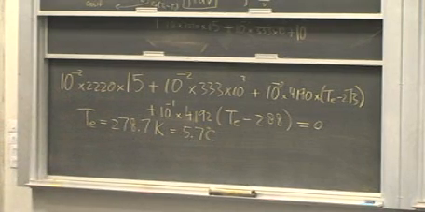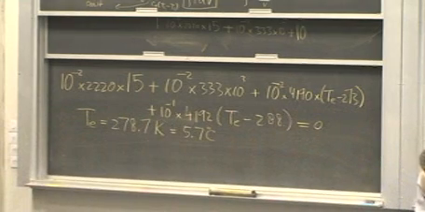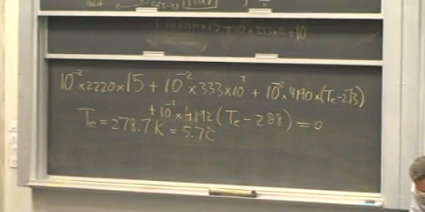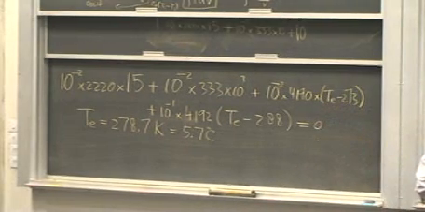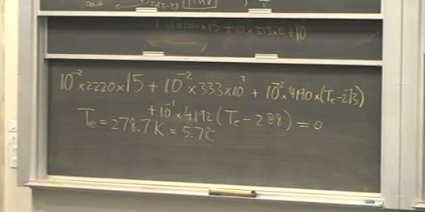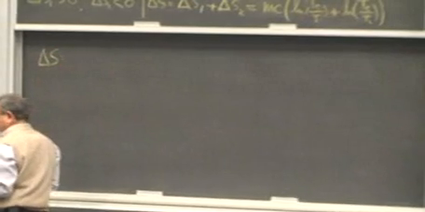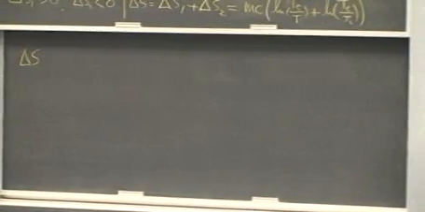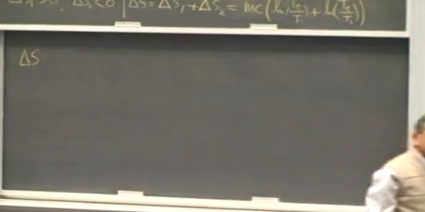All right? The last bit is when you try to calculate delta S. Again, in delta S, you will calculate in the first process ice going from minus 15 to 0 degrees centigrade.